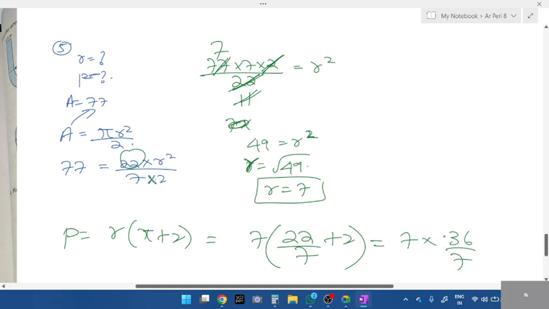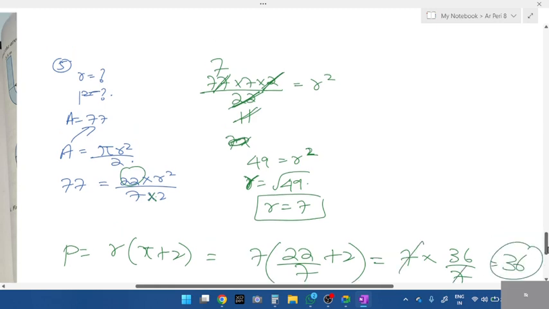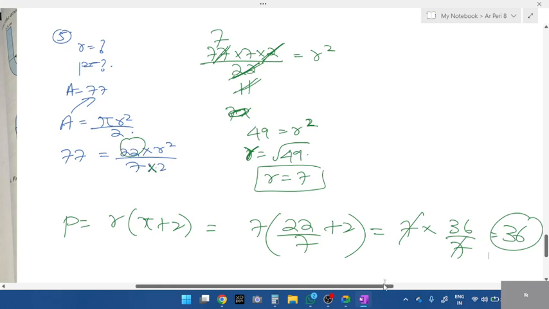Yes. So what's the answer for the perimeter? 7 and 7 get cancelled. Perimeter is 36. So we found the radius and we also found the perimeter value. Done? Completed?